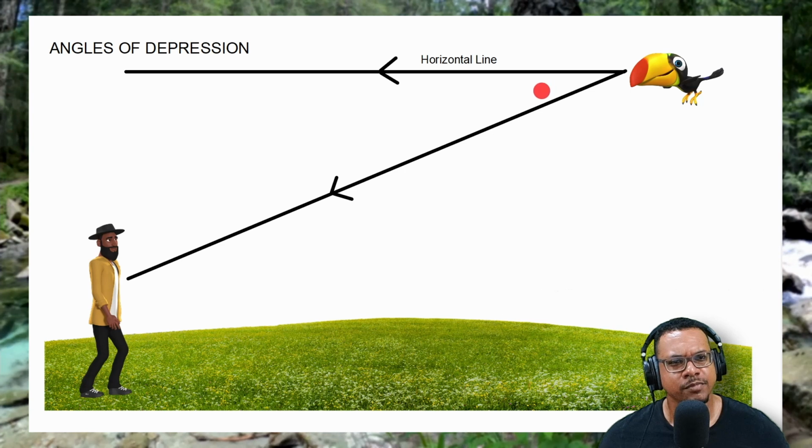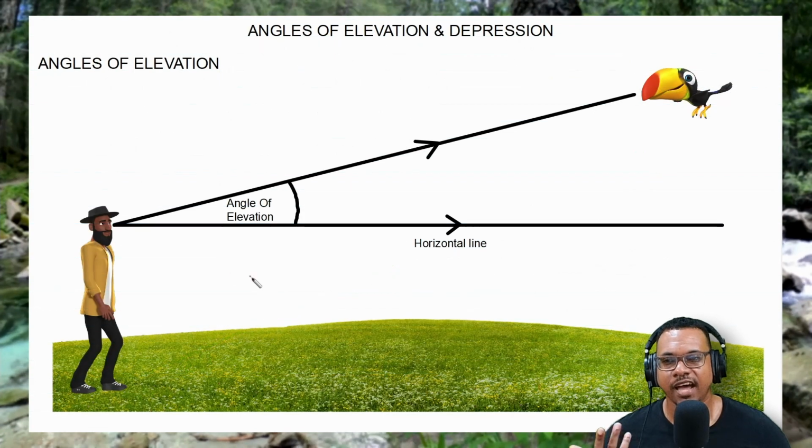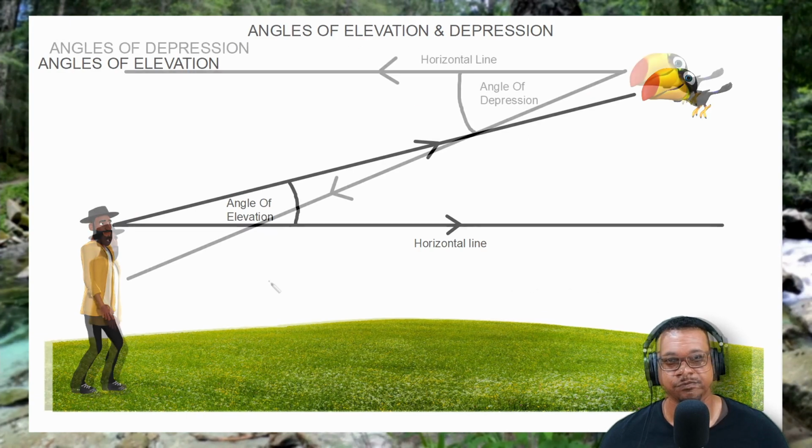Now this angle formed here from looking horizontal and then looking down will be the angle of depression. So the angle of depression is looking horizontal and then looking down. And the angle of elevation is looking horizontal and then looking up. So that's the difference there.